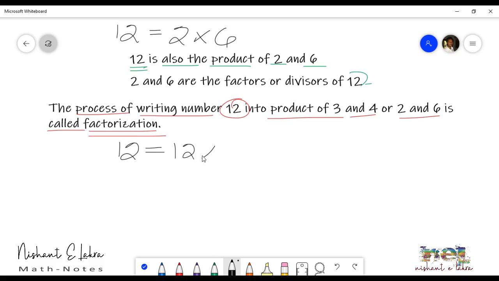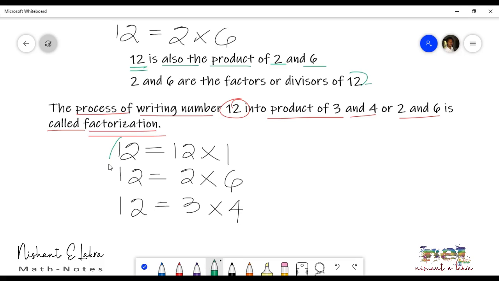Now I think we can have some more factors of 12, right? 12 into 1 is 12, or 1 into 12 is 12. Previously we found that we can find the product 12 by multiplying the numbers 2 and 6 and 3 and 4.